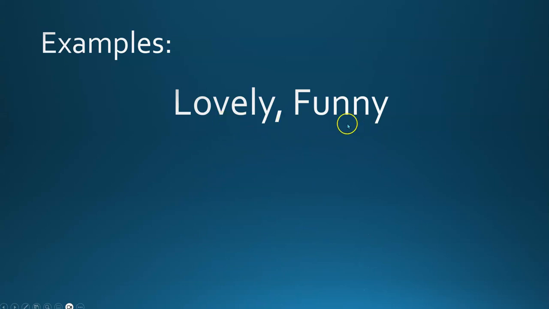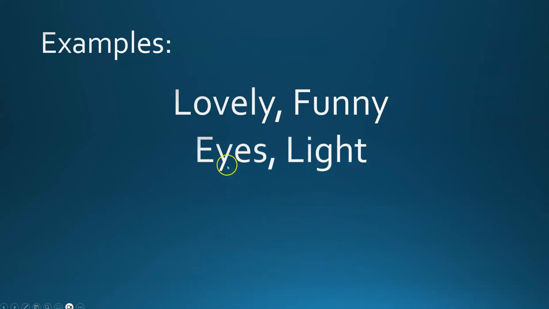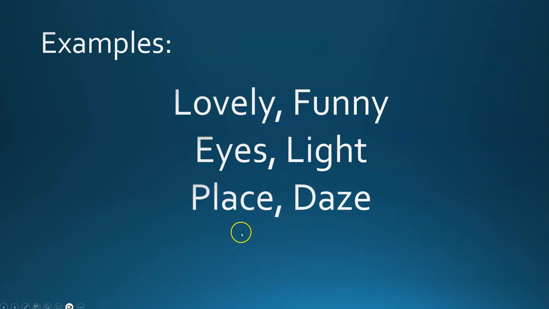Lovely and funny. Okay, so these would be considered slant rhymes. Lovely, funny. But the last consonant sound here is different. Eyes, light. Again, the vowel sound is the same, but the consonant sound is different.